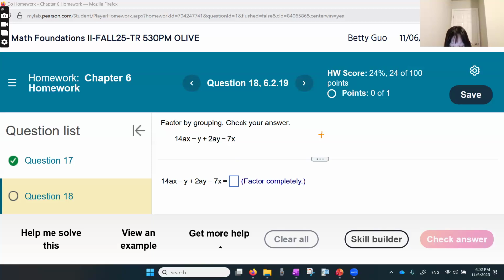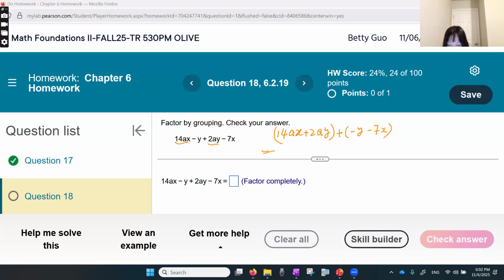First and third would work because first and third have A in them, right? 14ax plus 2ay, term 1, term 3. And then plus negative y minus 7x, term 2, term 4.